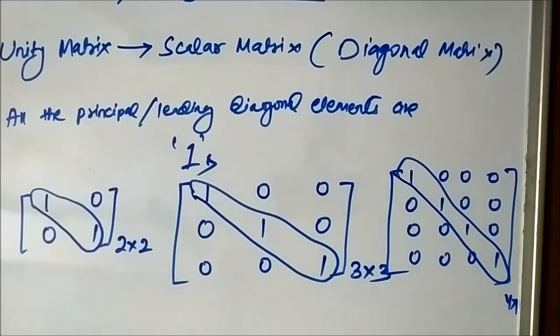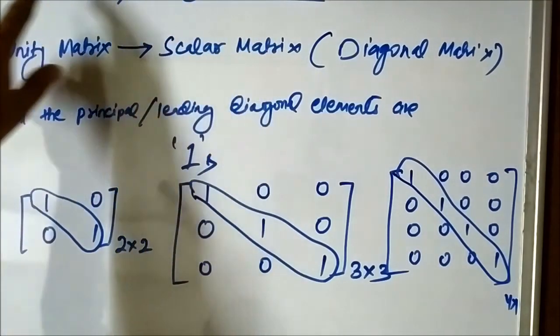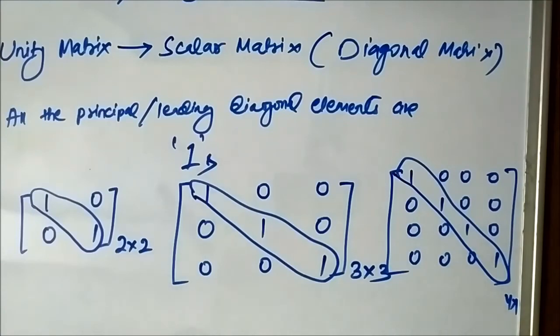Those matrices, the square matrix, the diagonal matrix, the scalar matrix, and the identity or unit matrix, are interrelated. A unit matrix or identity matrix is a diagonal matrix as well as a scalar matrix. Similarly, a scalar matrix is a diagonal matrix, but the vice versa may or may not be true. Every unity matrix is a scalar matrix, but every scalar matrix is not a unity matrix.